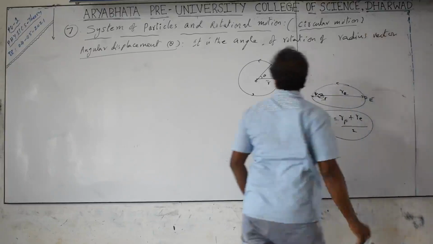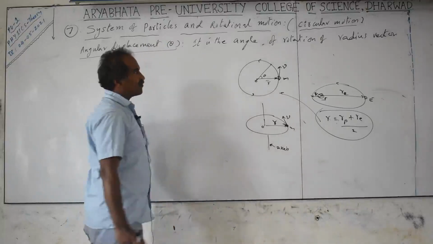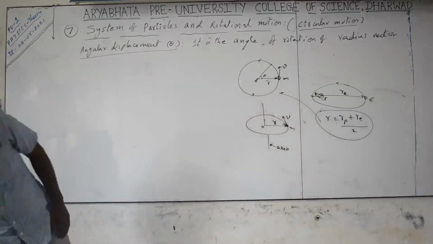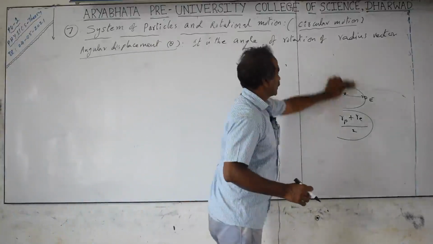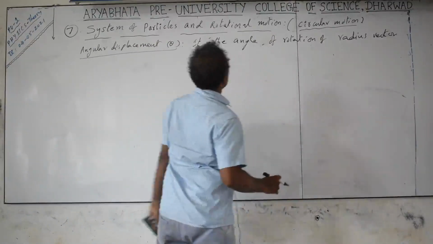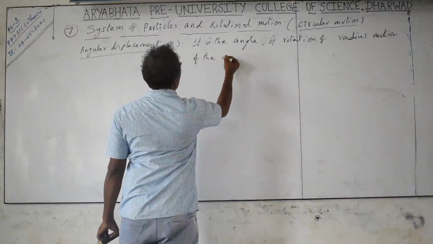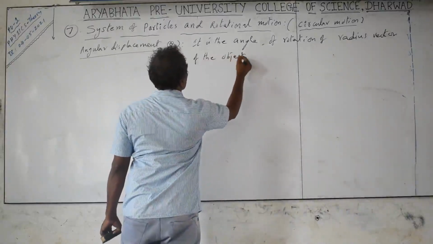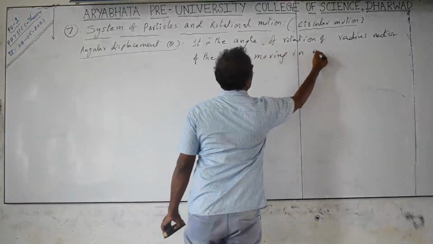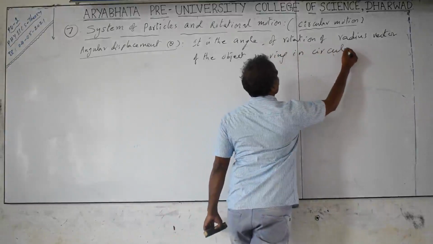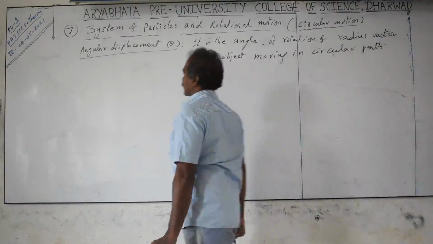It is the angle of rotation of the radius vector of the object moving in a circular path.